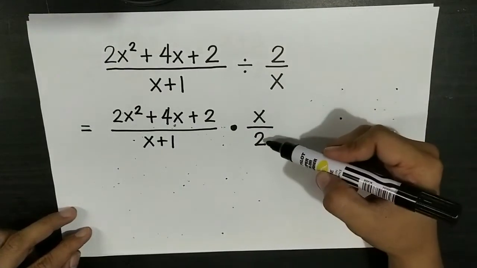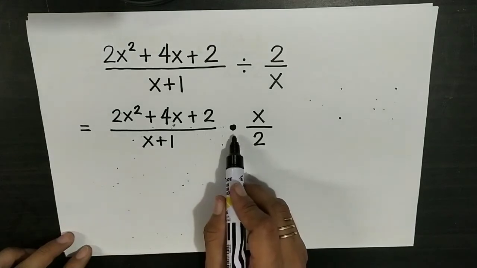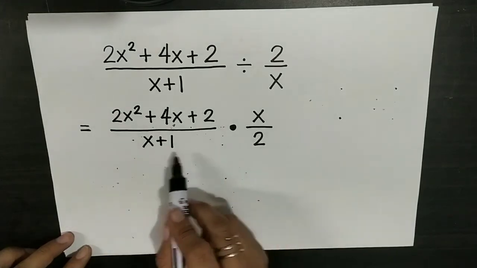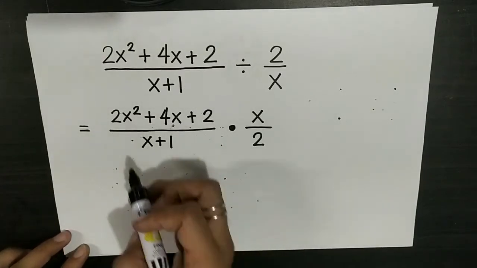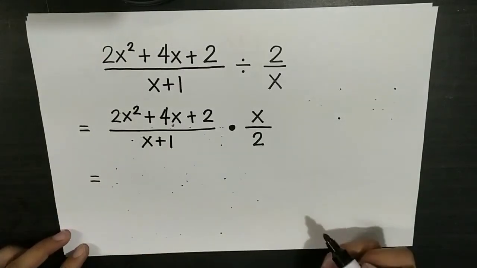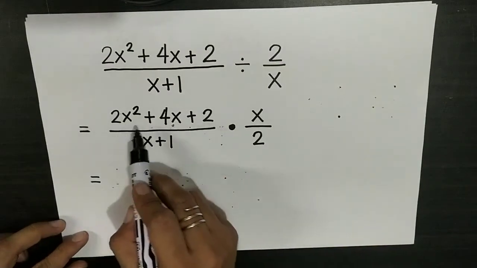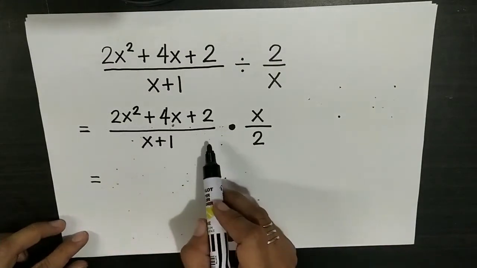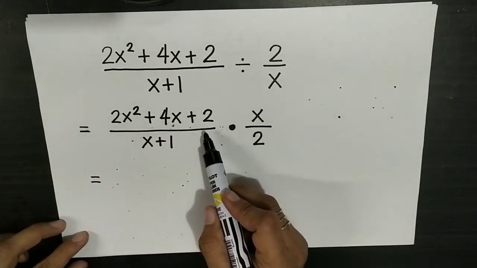Okay, reciprocal of this. Now, if we are already in multiplying rational algebraic expressions or in the process of multiplication, we will factor all expressions that can be factored. So, as you can see, this can be factored with the use of greatest common monomial factor. I have a video on that.